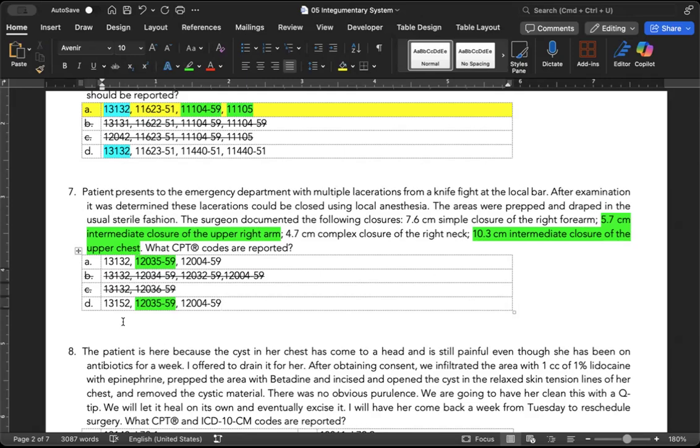And then 13152 is a repair complex of the eyelid, nose, ear, and or lips. So we're looking at the complex. On the neck, that's going to fall underneath the 13132.